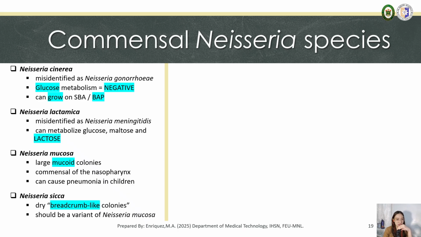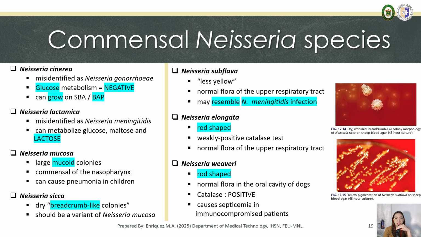The colonies of Neisseria sicca are usually dry, wrinkled, adherent, and breadcrumb-like in appearance. So, the Latin word sicca actually means dry, and research has indicated that it should be a variant of Neisseria mucosa, right?